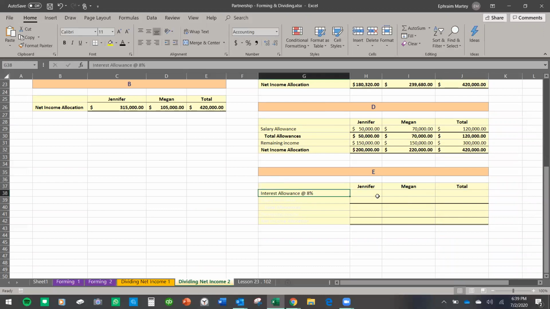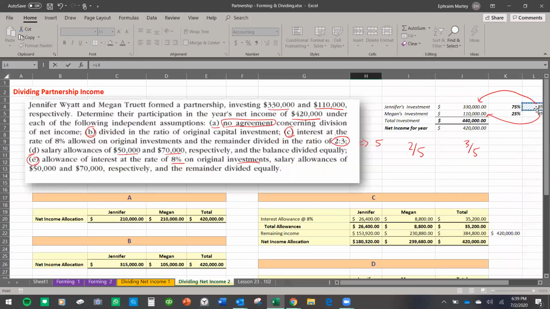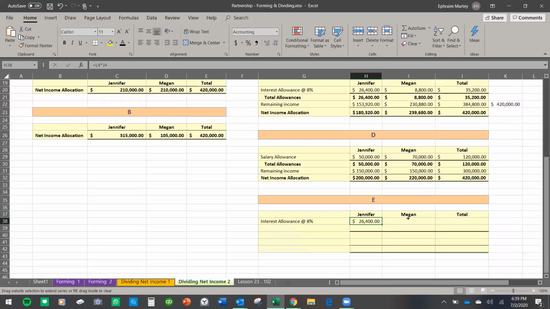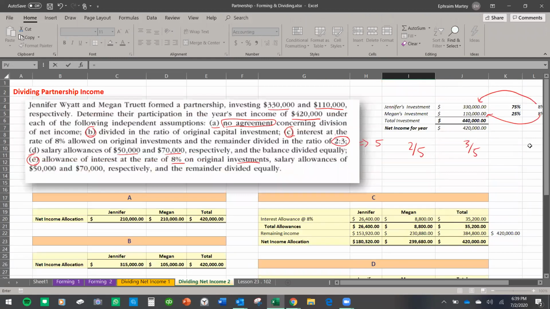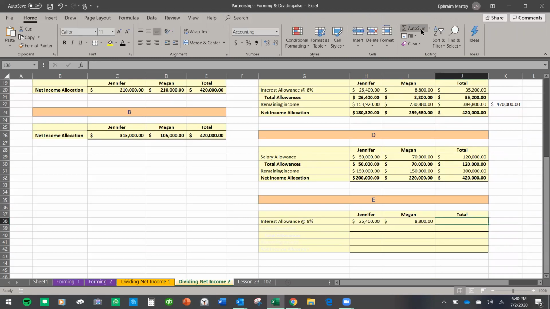I'm going to take my 8% multiplied by Jennifer's investment, and that gives me that. I'm going to do the same for Megan. So I will take the 8% multiplied by Megan's investment. Okay, and I'm going to add the total together.